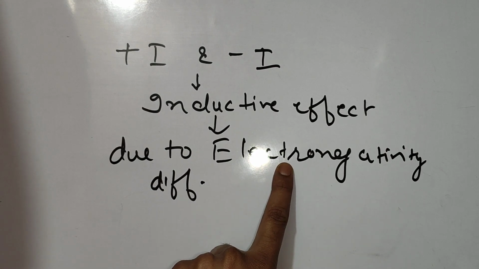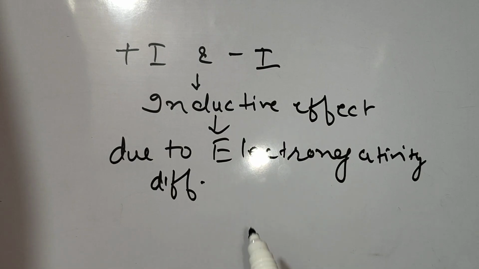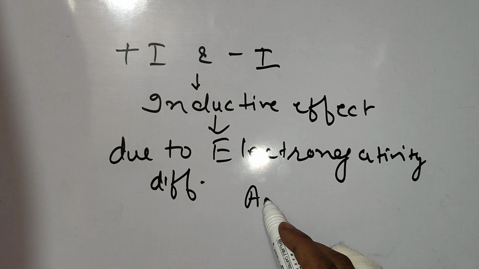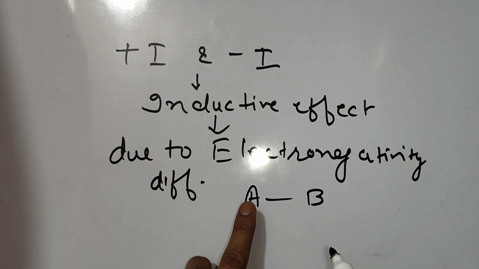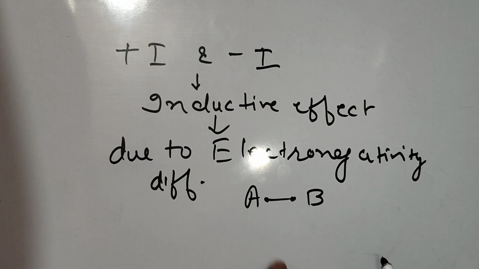It's the power to attract electrons toward itself, the shared pair of electrons toward itself. For example, suppose a molecule is made up of A and B atoms, in which A and B are sharing electrons, meaning a covalent bond is there.